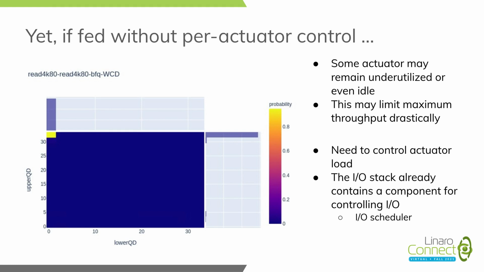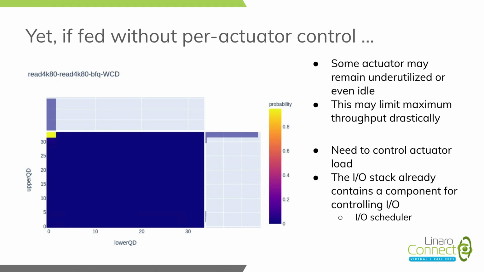In this case, we see that without any control on the load of the actuator, only one of the two actuators is actually used. It's the upper actuator, because its queue depth is maximum during the whole duration of this test, while the queue depth for the other actuator is 0.